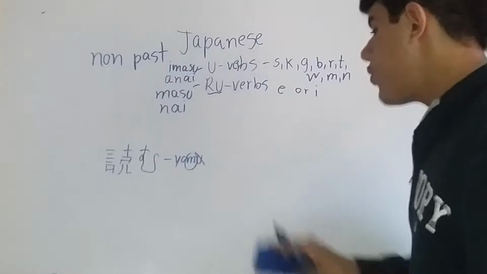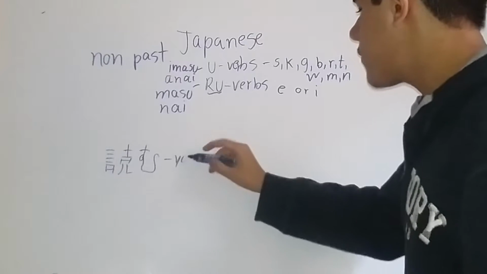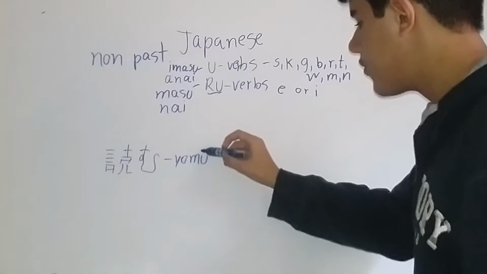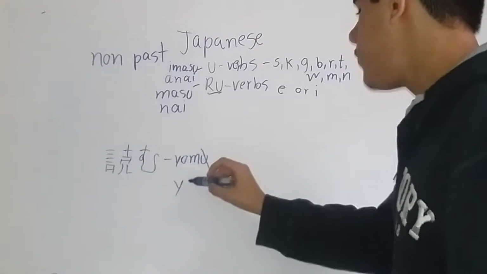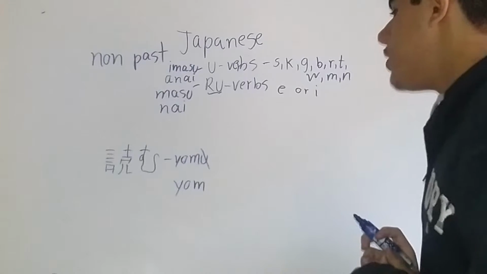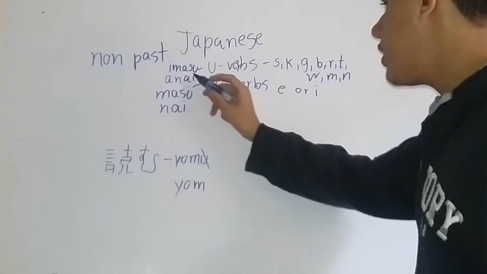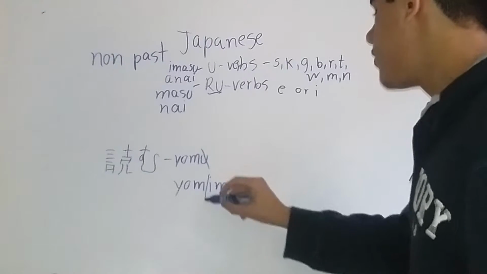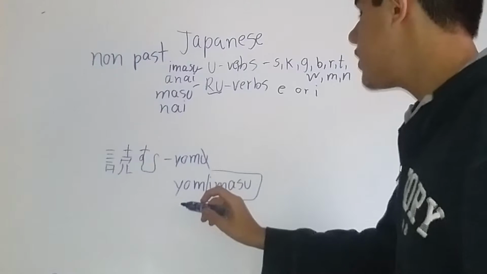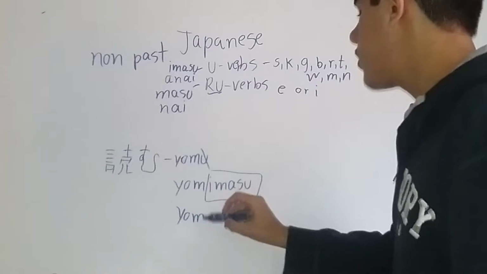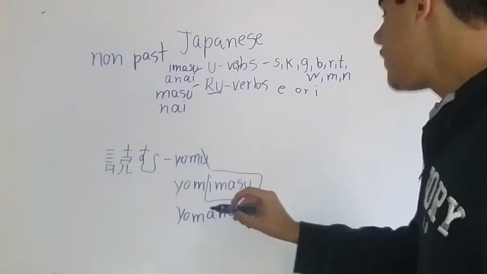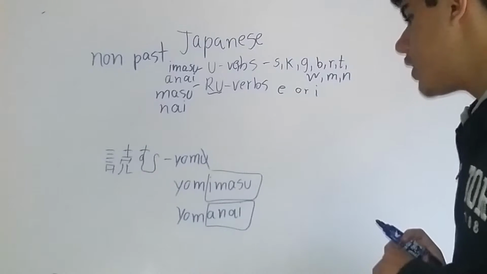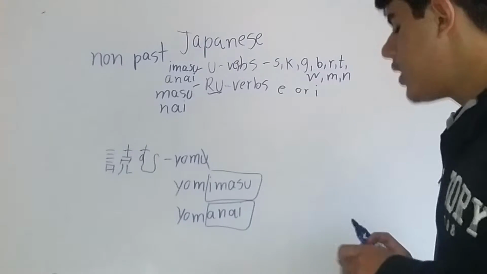To conjugate it in the present, we take the U and stay with this form, and we can put imasu, or we can put anai. So this is the negative form, and this is the positive one for this verb.